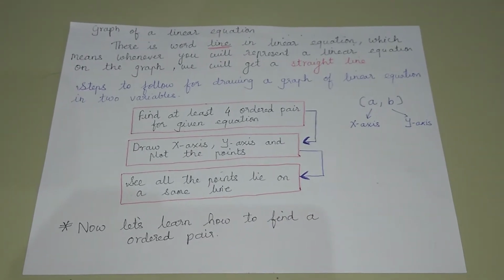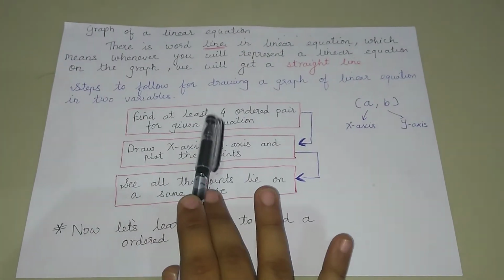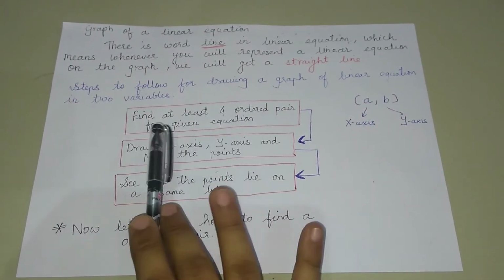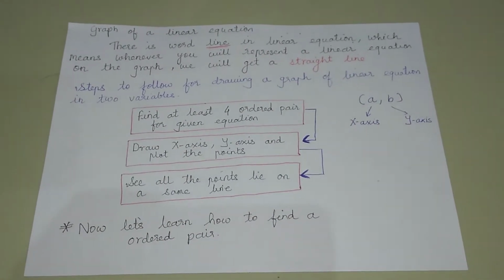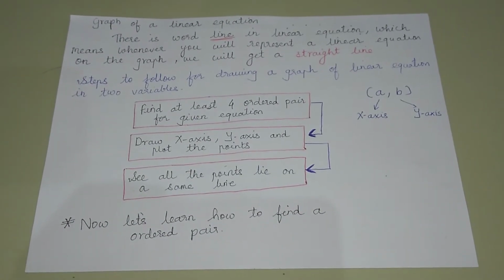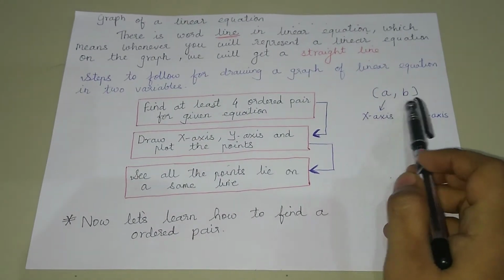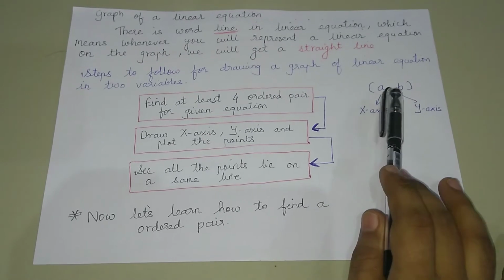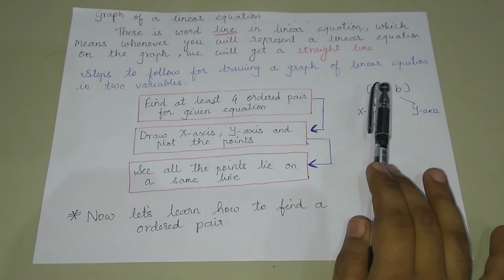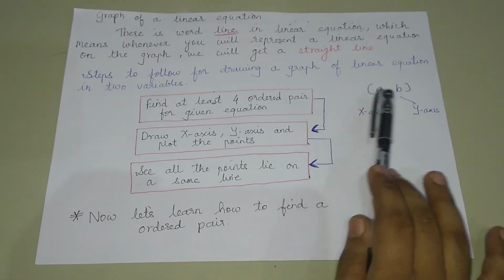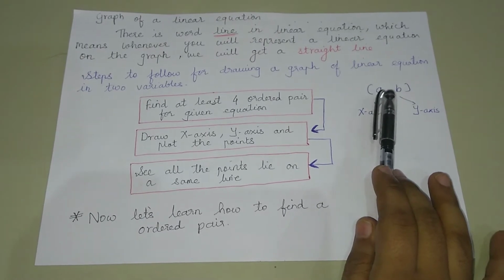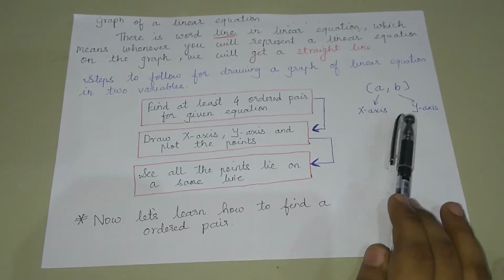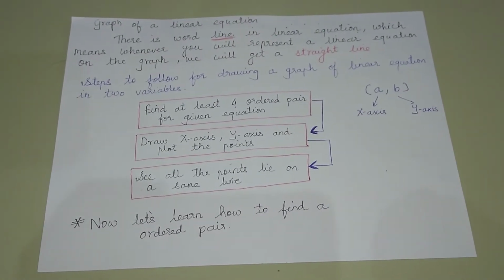First step: find at least four ordered pairs for the given equation. What is an ordered pair? An ordered pair is like (a, b), in which a is written on the x-axis and b on the y-axis. Similarly, we have to find four such pairs.